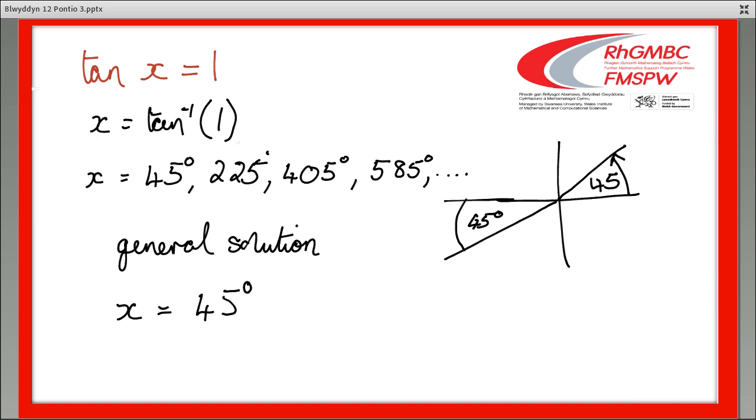And then it's going to be plus n lots of pi, or 180 degrees. Keep it all in degrees. So when n is 0, it's 0 plus 45. When n is 1, it's 180 plus 45, which is 225. When n is 2, it's 360 plus 45, and so on. So it's just continually going round and round in that circle.